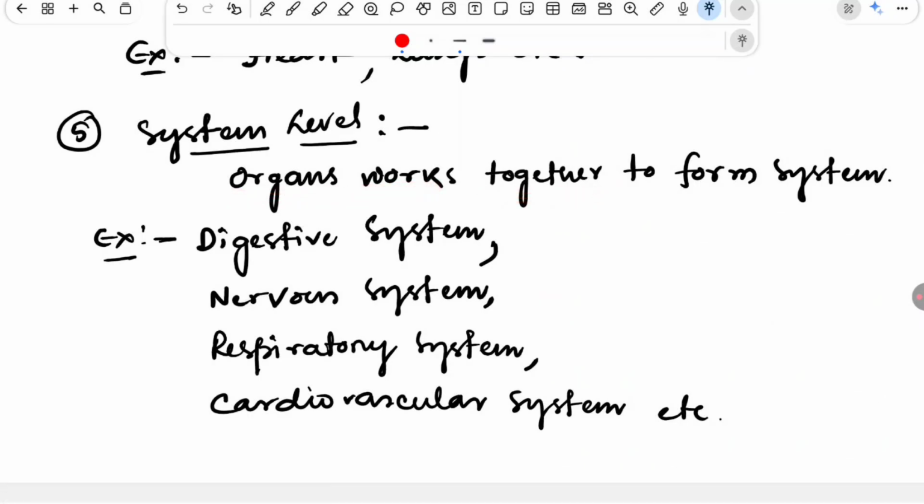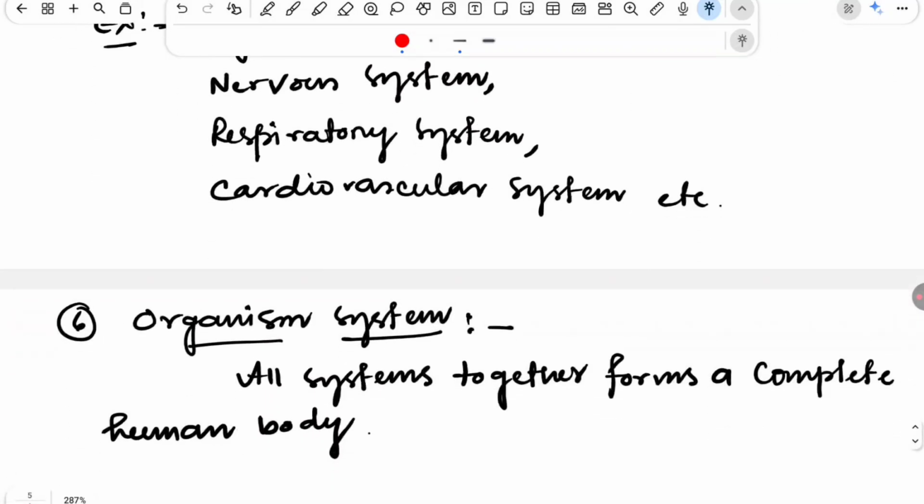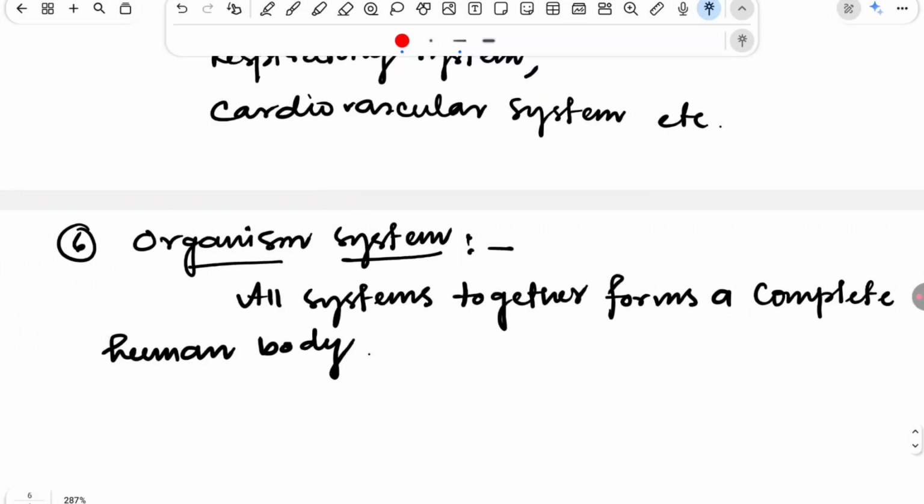Organs work together to form a system, like digestive system, nervous system, respiratory system, then cardiovascular system, lymphatic system, integumentary system. So many systems are there. Okay, in physiology we will discuss that. Next, the last one is organism level, where all systems work together to form a complete human body. Only when all the systems work together does our human body work.